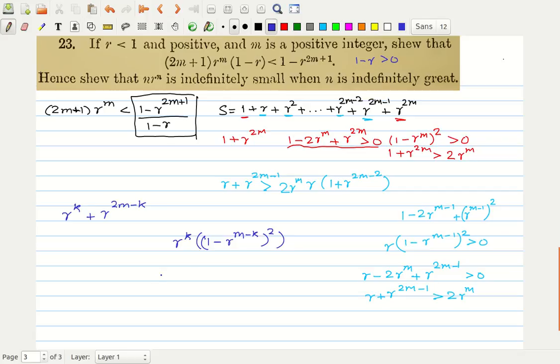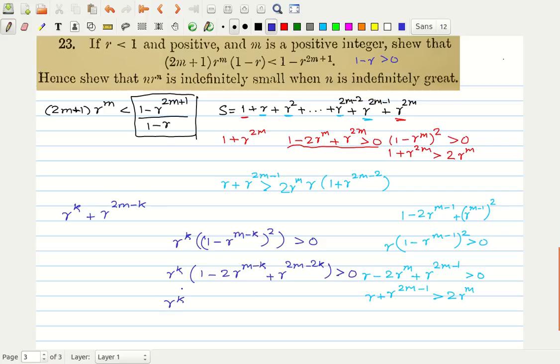If I consider this, r to the power k times 1 minus 2 times r to the power m minus k plus r to the power 2m minus 2k. Now this expression is always greater than 0 because r to the power k is greater than 0, and this is a square, which is always greater than 0.